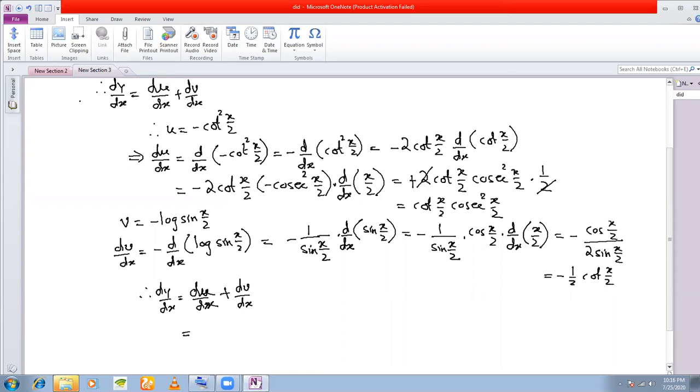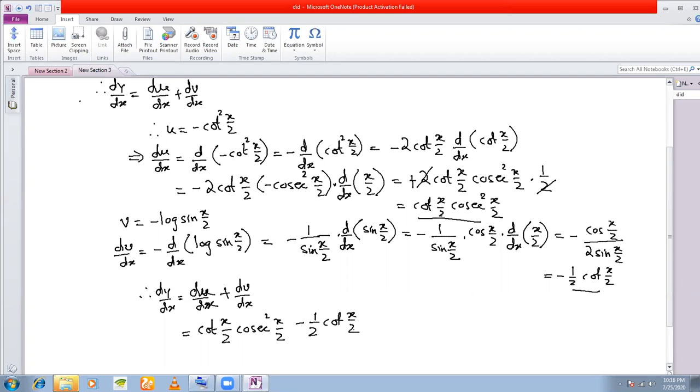And what is du dx we have found? This one, cot x by 2 cosec square x by 2. And what is your dv dx? dv dx is this, minus half cot x by 2.